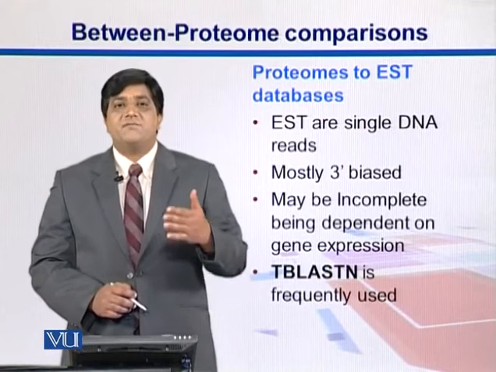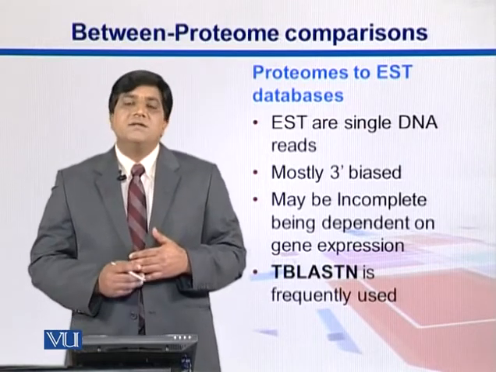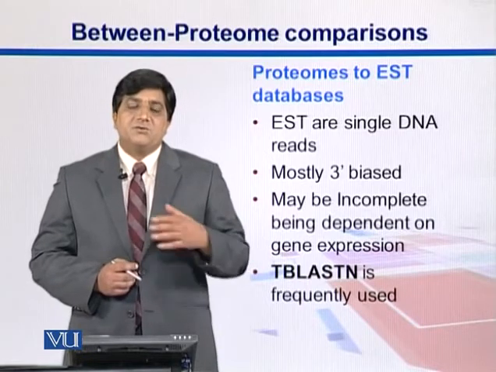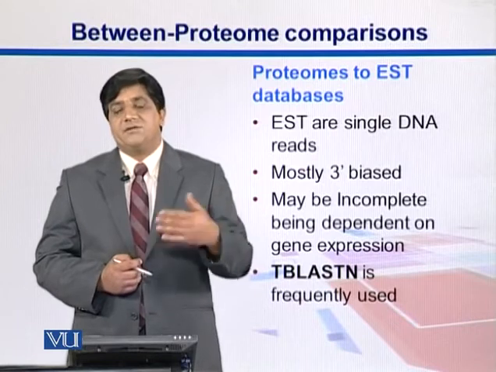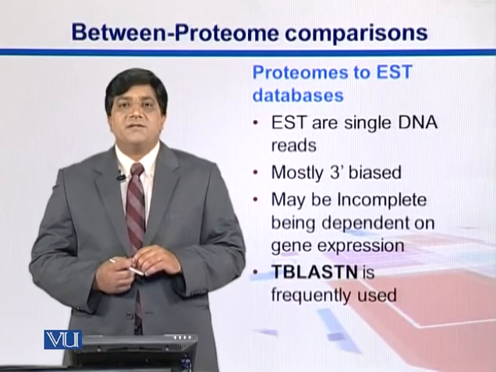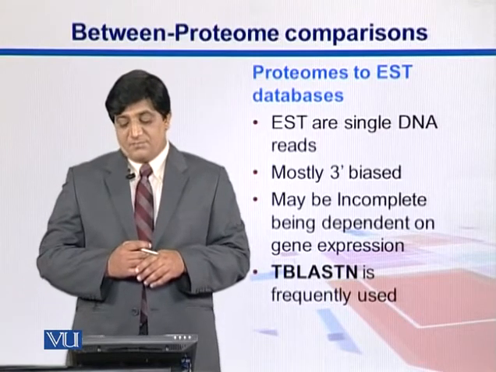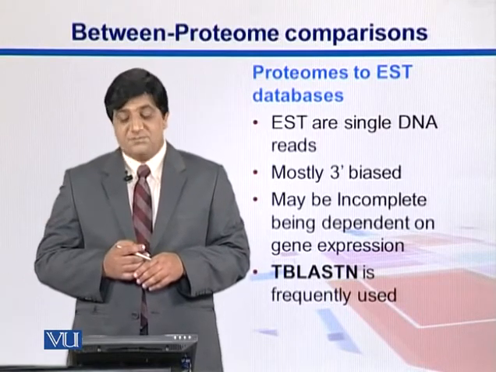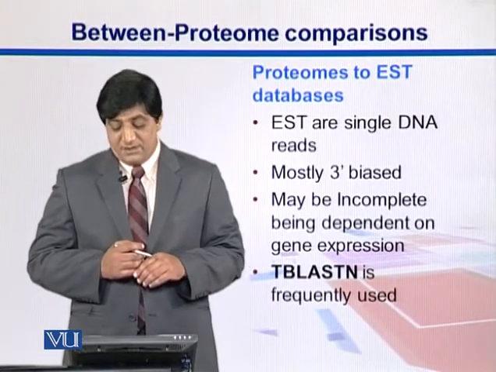Since we get them from messenger RNA, and messenger RNA extraction protocols rely on capturing the messenger RNA by its poly A tail on the 3' end, ESTs are oriented toward the 3' end. They are mainly extracted from 3' ends most of the time.